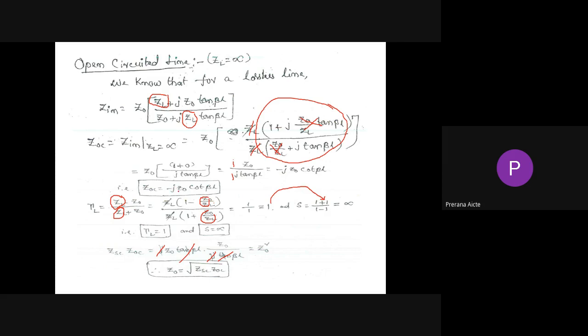So minus, you can write in terms of inversely multiplying and dividing the numerator and denominator by j. Then j into j is j square. J square is equal to minus 1, minus and minus plus. So only the denominator is j, the numerator term is 1. So the remaining terms are Z naught into Z naught, that is Z naught square. Therefore, Z naught is equal to square root of ZOC into ZSC.